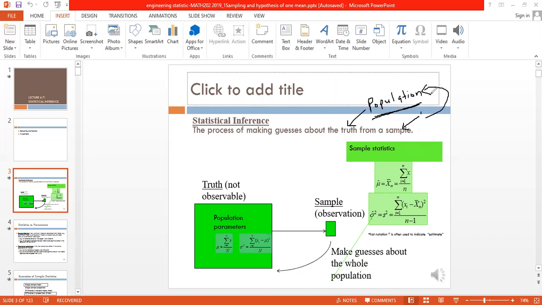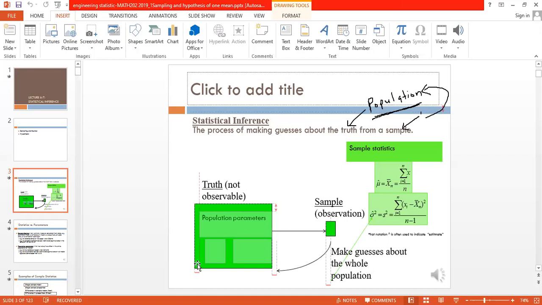Now we'll be looking at estimation techniques, but two key comparisons we want to make for now are the differences between population parameters and sample statistics.